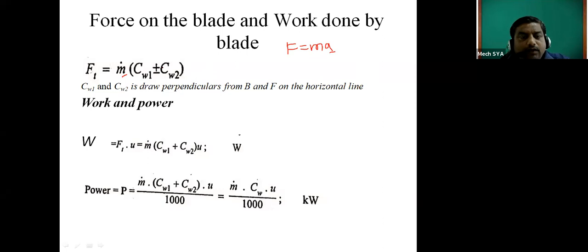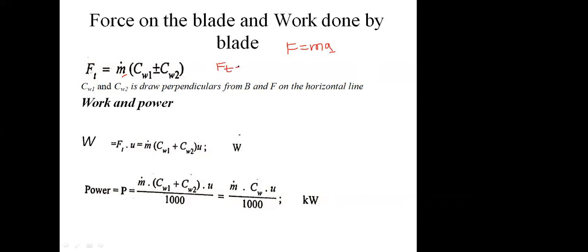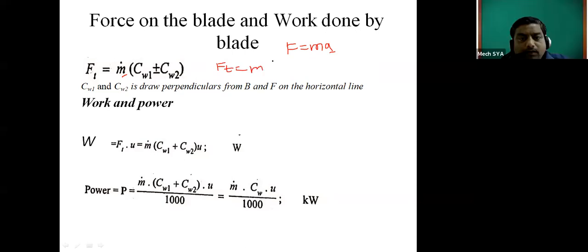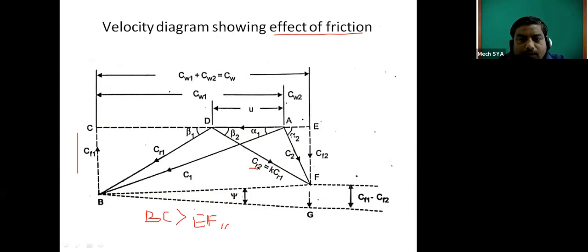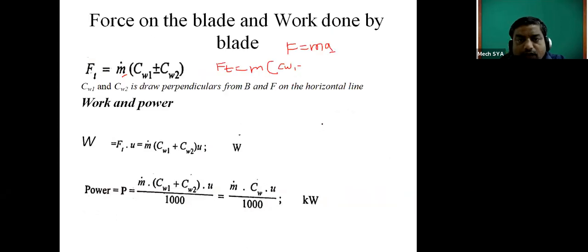Actually, Ft is equal to M into CW1 minus CW2. But if you observe here, CW1 direction is this direction and CW2 direction is this direction. Therefore, both are in opposite directions.